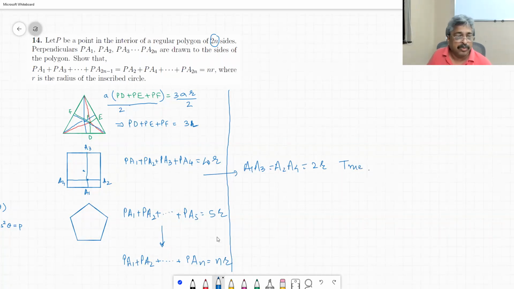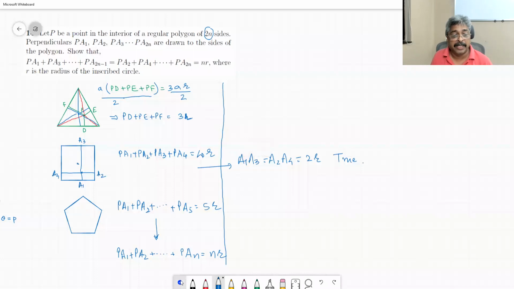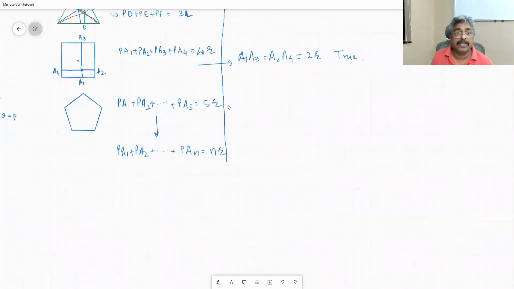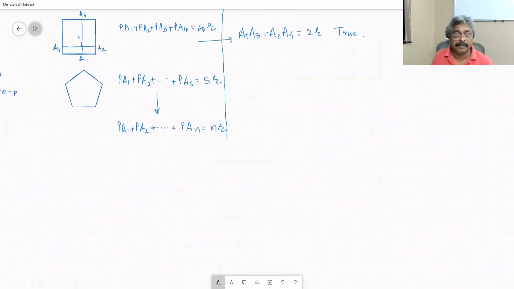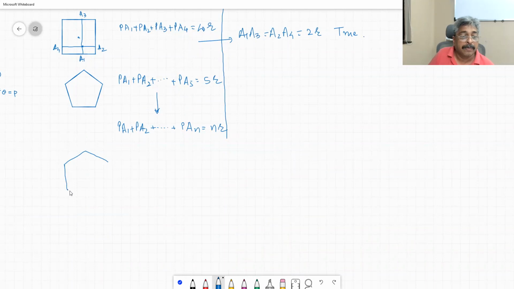Now, when it comes to the pentagon, no, we are not supposed to consider the pentagon. We are supposed to consider the hexagon now. So let me draw a regular hexagon. This is the incenter.